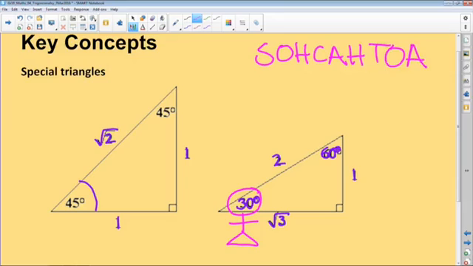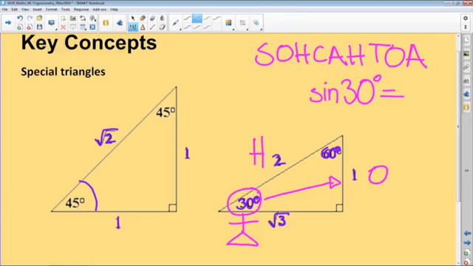So I first label my hypotenuse, then I can see, oh, my opposite is where Helen can see, so there we go. So sine of 30 is equal to 1, because that's my opposite value, over 2.